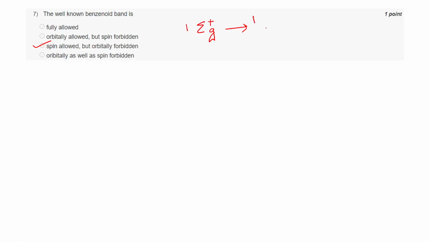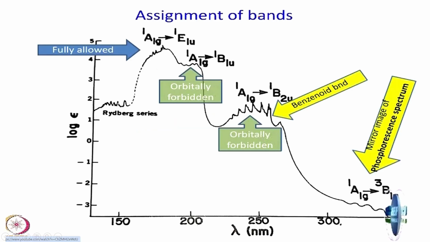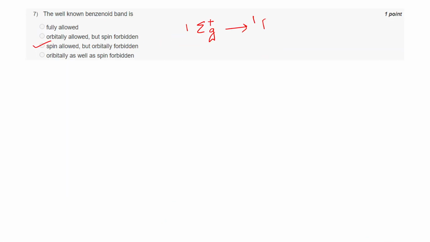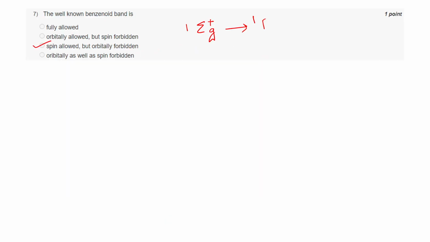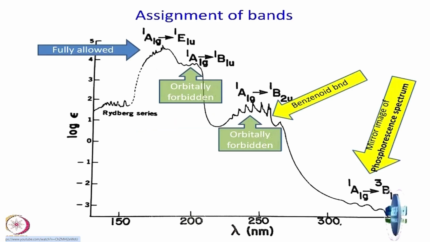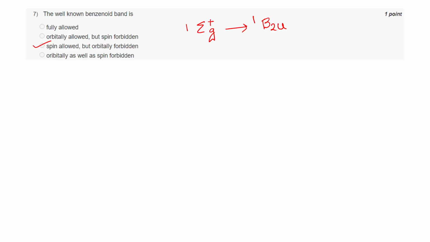Spin allowed, that means it is like this. And this, let me check what it was. Not E1u, B2u, right? 1A1g to 1B2u.